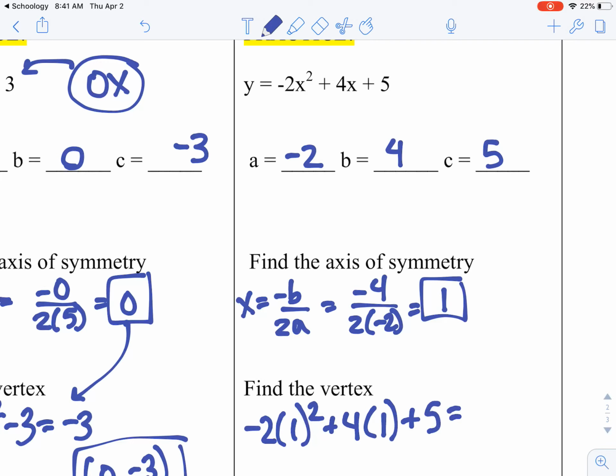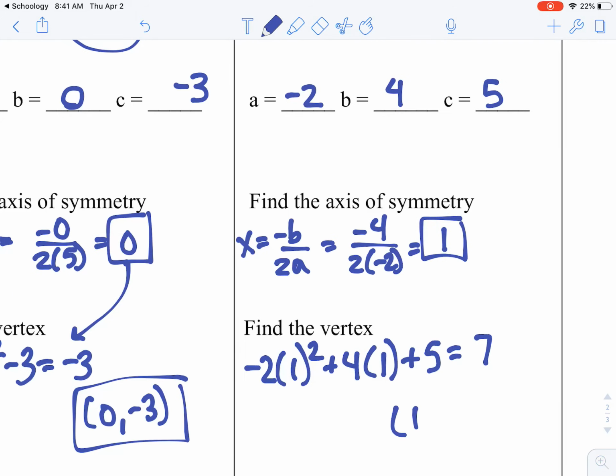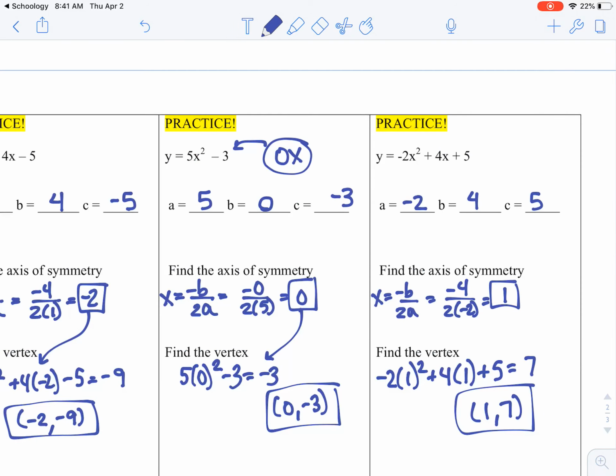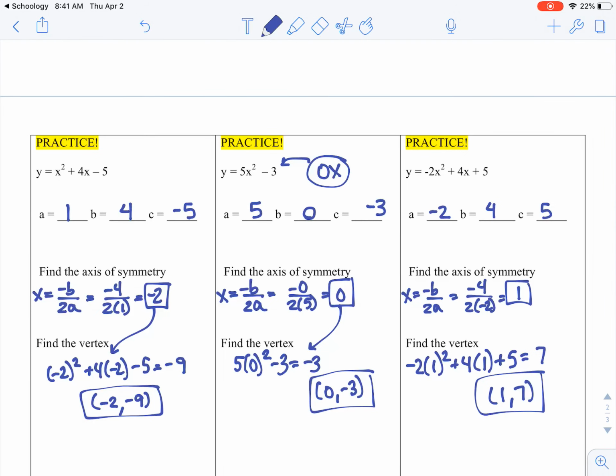Okay, let's practice plugging that in our calculator. Seven, and we have our vertex is 1, 7. Show you those a little bit more. And that is part 2 of Notes A.